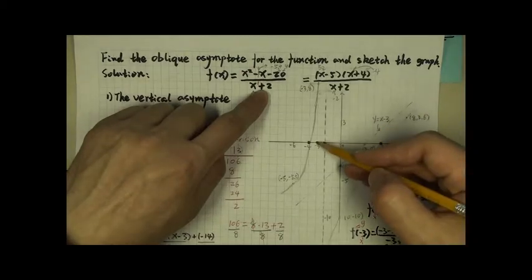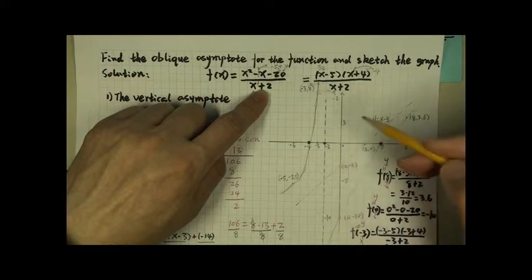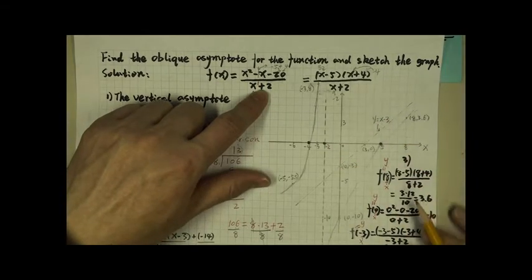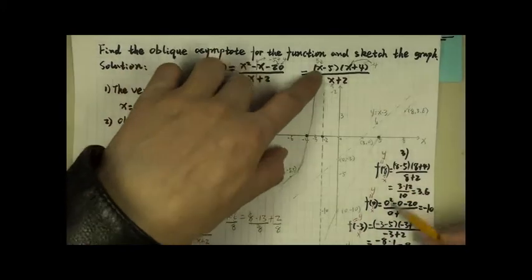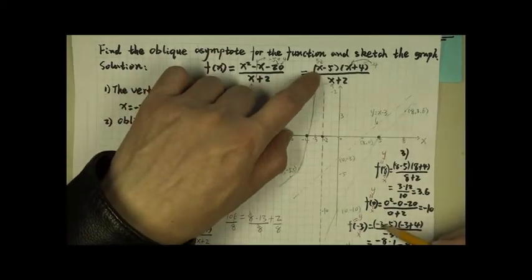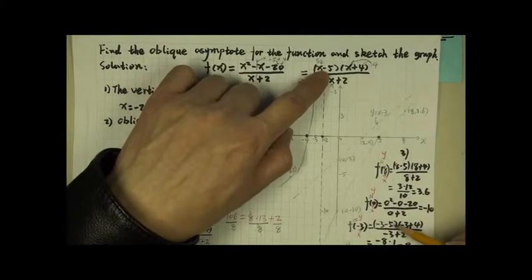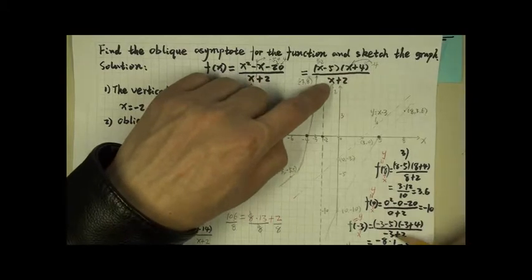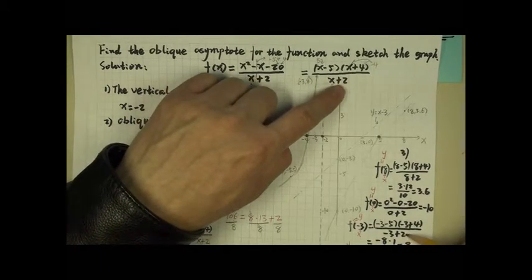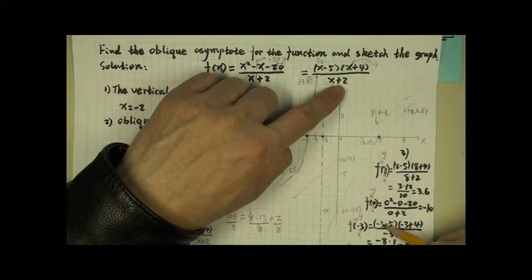We choose -3. Okay, between this -4 and -2. -3 you plug in. Okay, so -3 minus 5, -3 plus 4, -3 plus 2, then you have a -1 denominator. -3 minus 5 is -8. -3 plus 4 is 1.